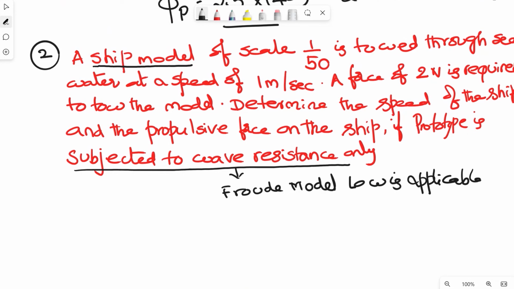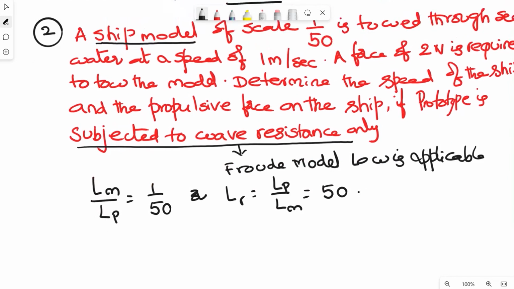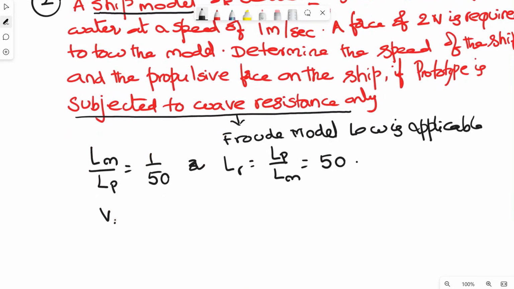Then 1 by 50 means Lm by Lp is equal to 1 by 50, or for us Lr, which means Lp by Lm, is equal to 50. Then the model velocity is 1 meter per second, and the force to the model, Fm, is 2 newtons.